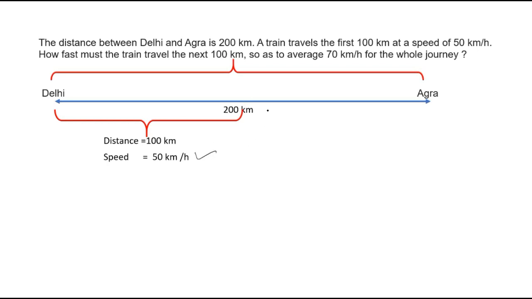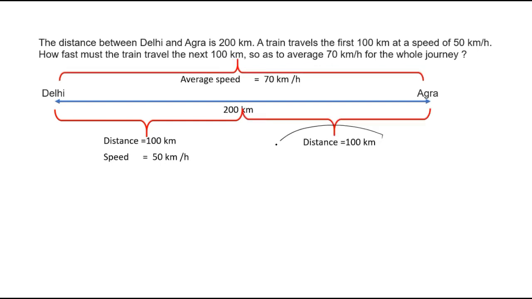And the average speed is given as 70 kilometers per hour. The total average is 70 kilometers per hour from Delhi to Agra. To get this average, how much speed should he have in the next 100 kilometers? So how much speed should you have here?